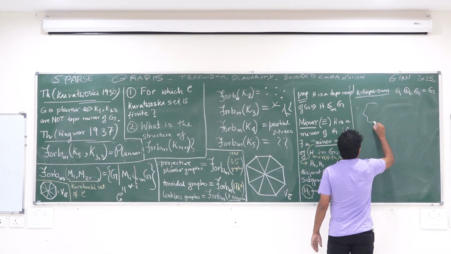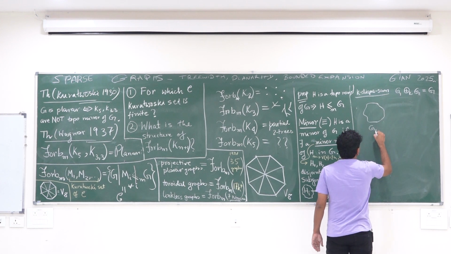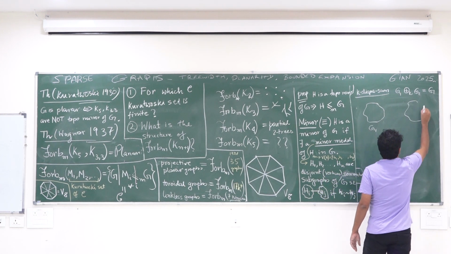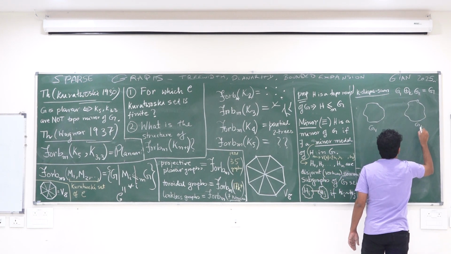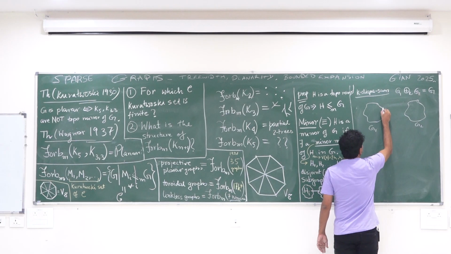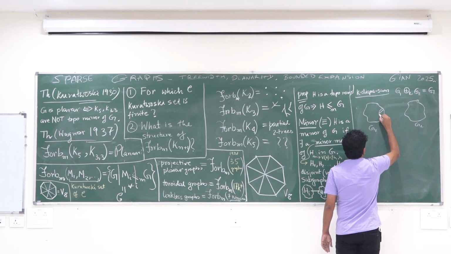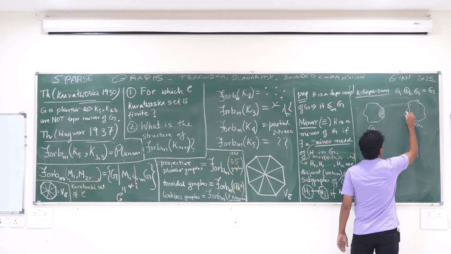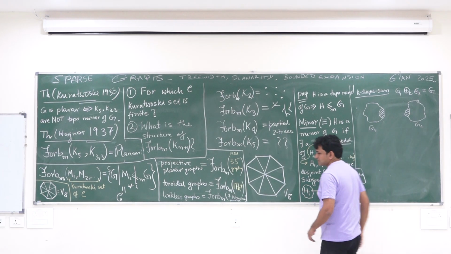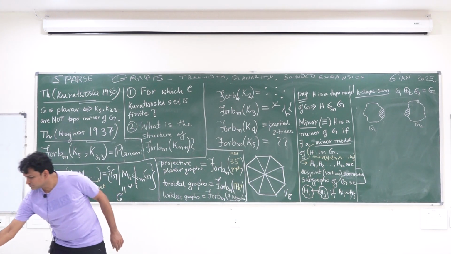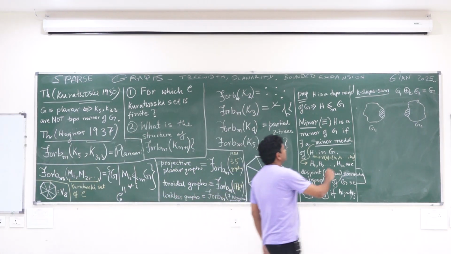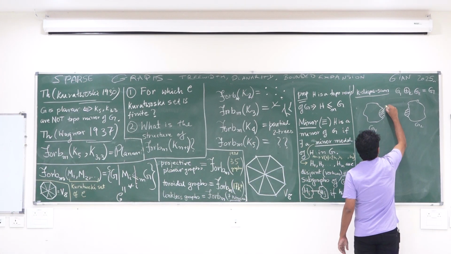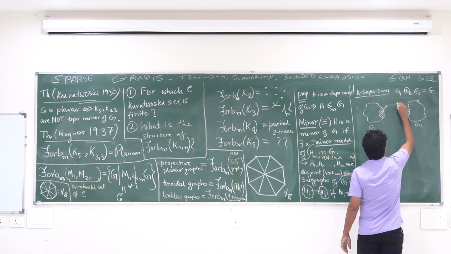So you take your G1, you take your G2, you find a k-clique here, you find a k-clique there. So these are all k-cliques, K_k.